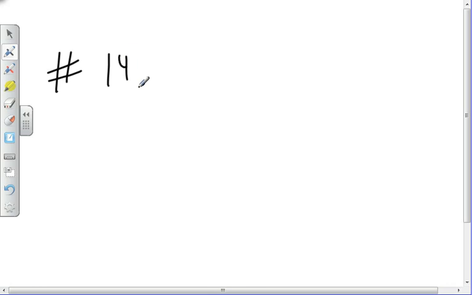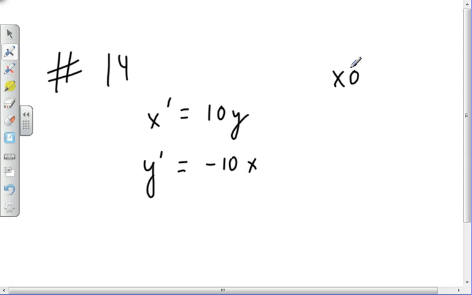So x prime is 10y, and y prime is minus 10x, x0 is equal to something, and y0 is equal to something, which means now we can solve for initial conditions 3 and 4.